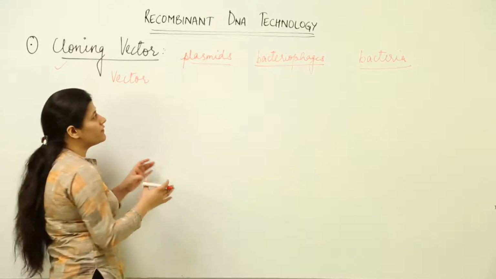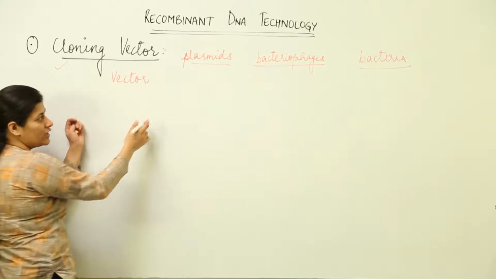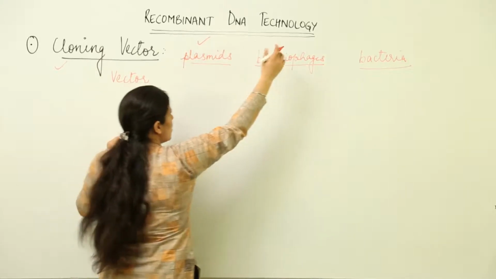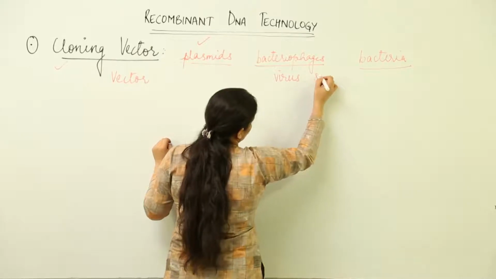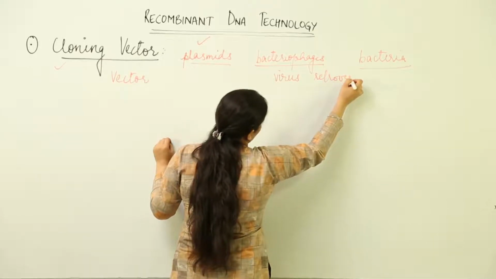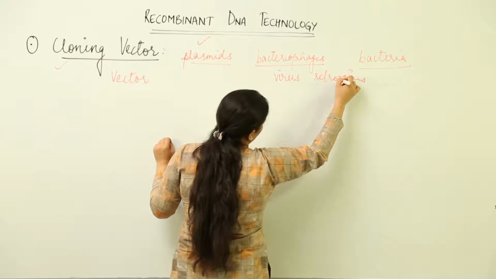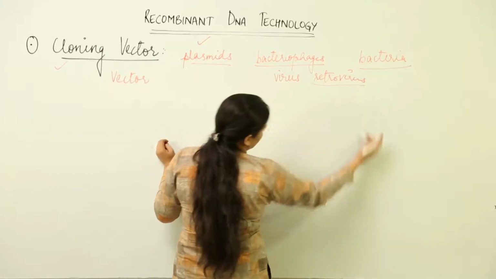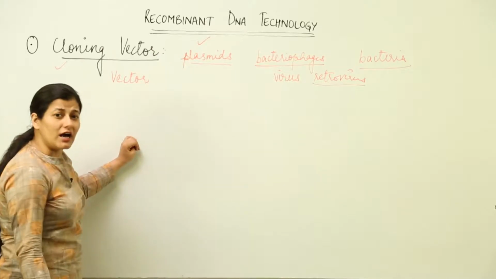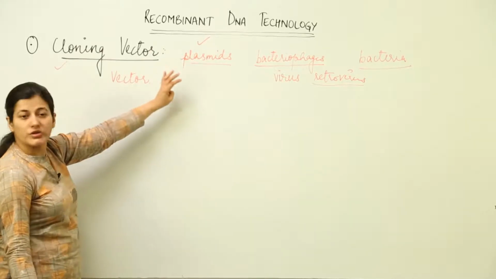In the same way, we are going to have a vector which would either be a plasmid or a virus, where we take retroviruses as the case, a retrovirus which will be made silent in its pathogenic ability, and instead it will carry our gene of interest and it would act as a vector.